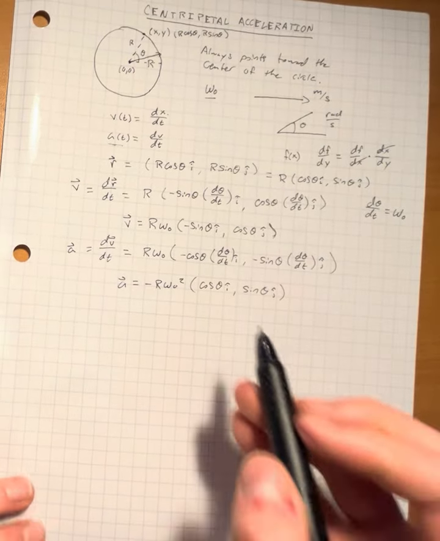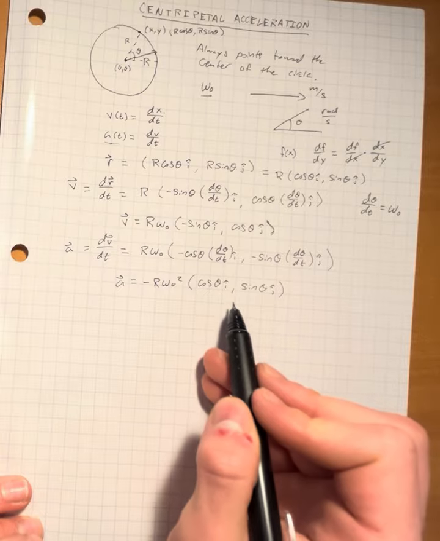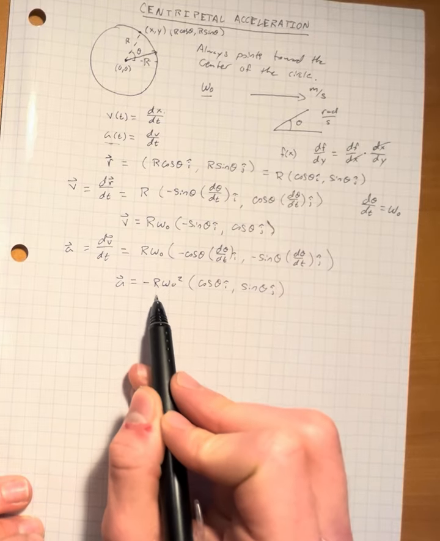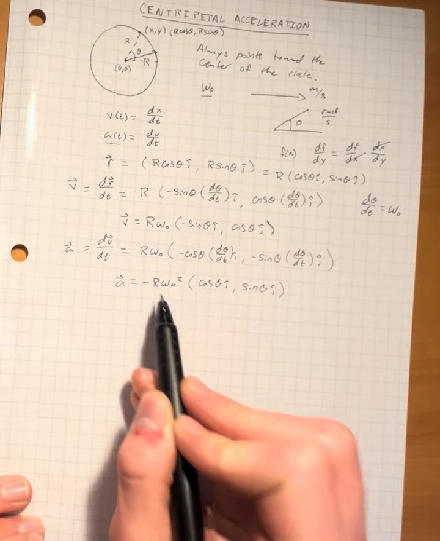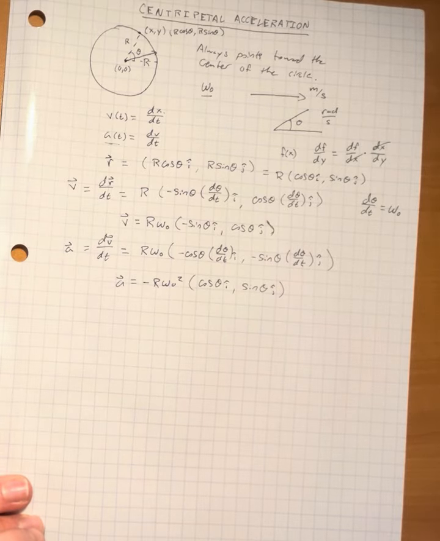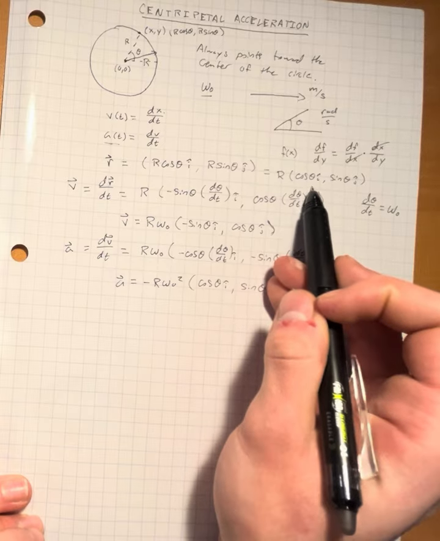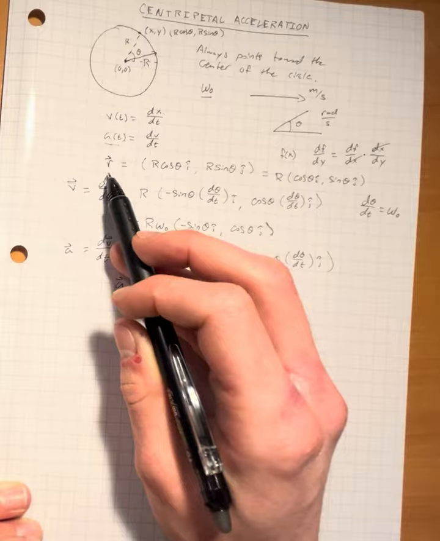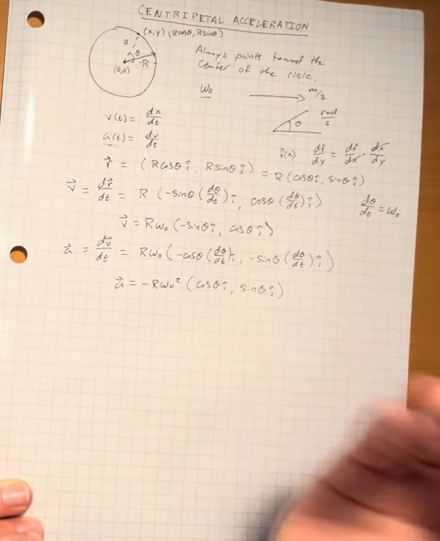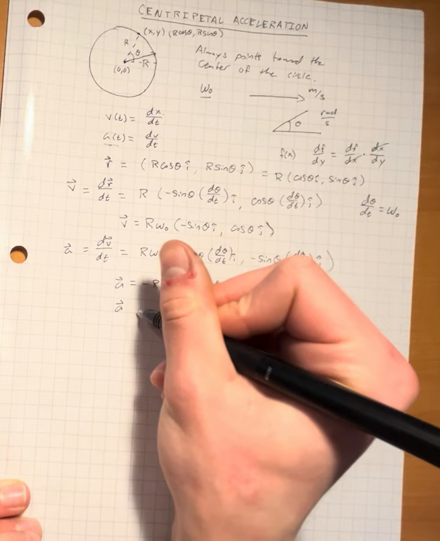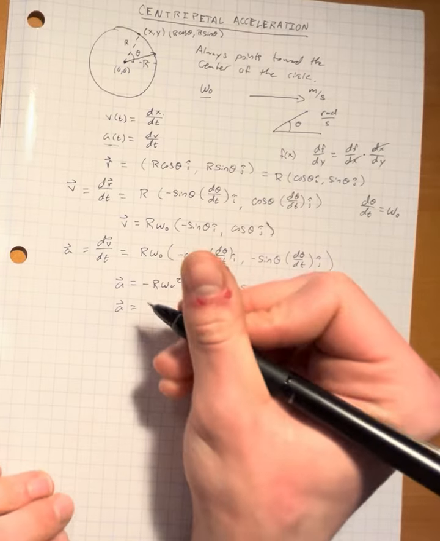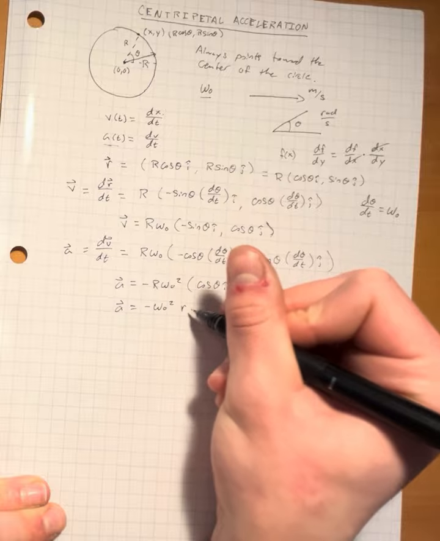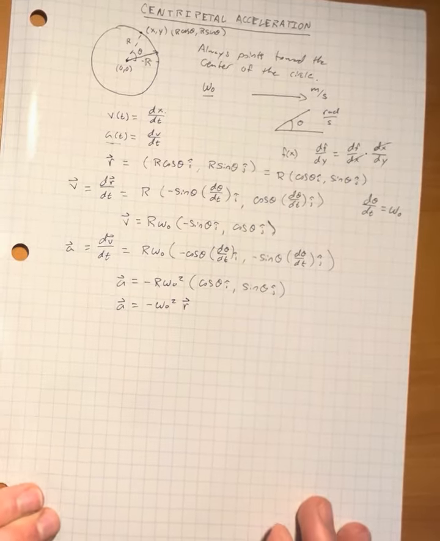And at this point, this should be looking kind of familiar because I have a cosine theta here and a sine theta here, and I've got an r over here too, out in front. And r times cosine theta i hat, comma, sine theta j hat, that's our position vector. So I can actually rewrite this, and I can say that a is equal to negative omega naught squared times our position vector. Okay.